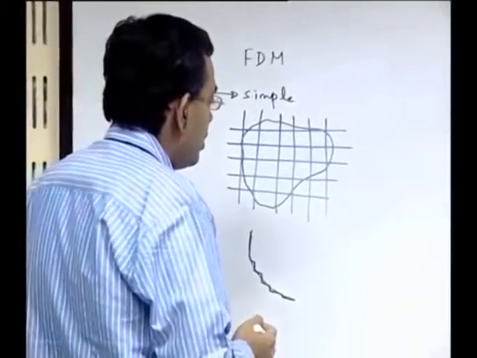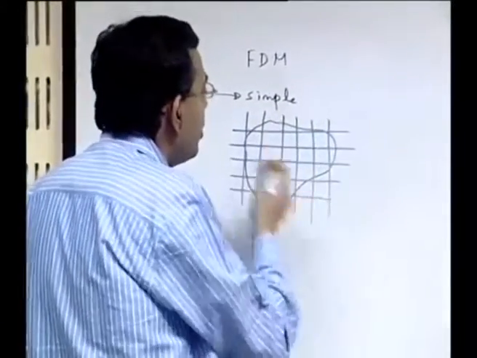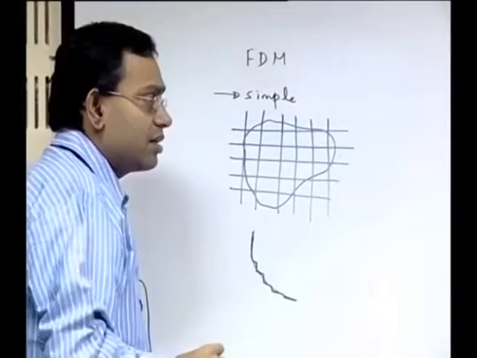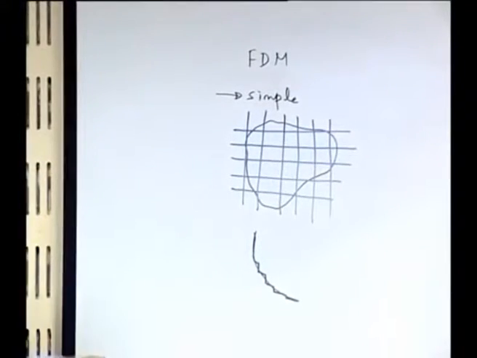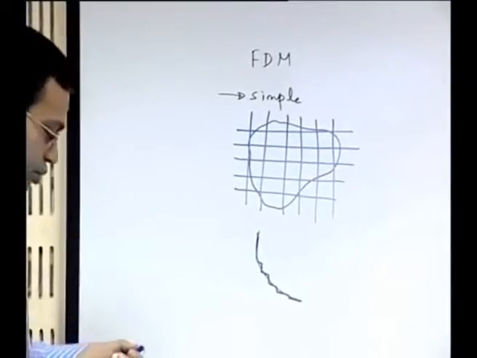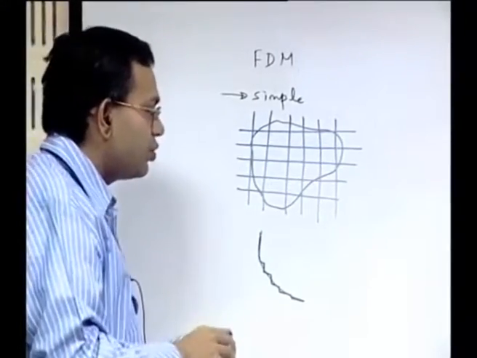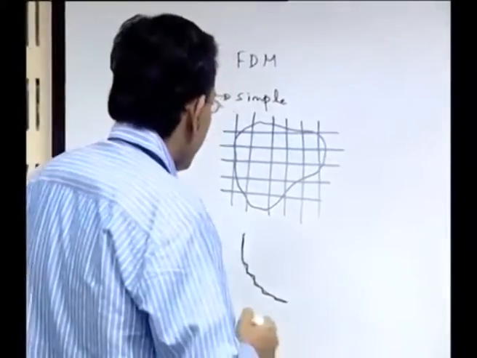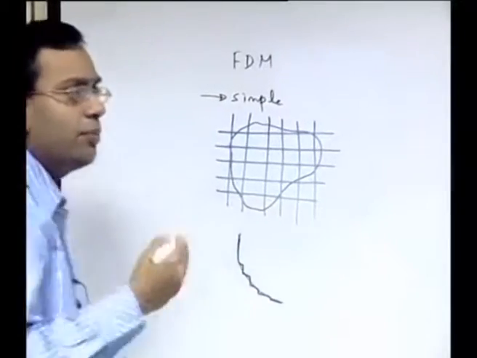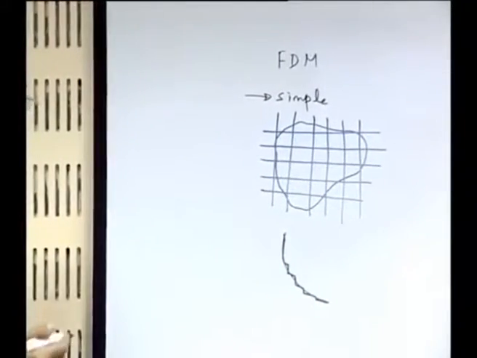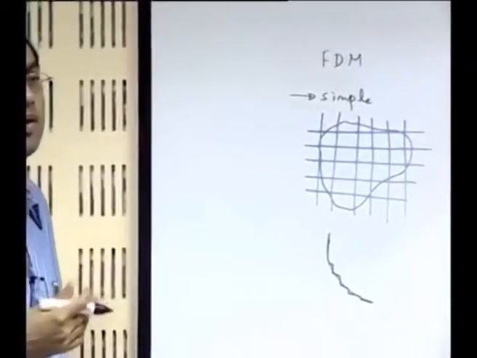Now, this is about the geometry part, but there are certain other important issues. What are the important issues? First of all, let us look into it from a pure mathematical viewpoint. What does the finite difference method rely upon?